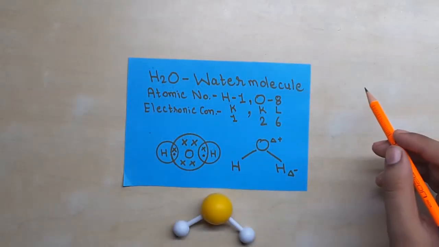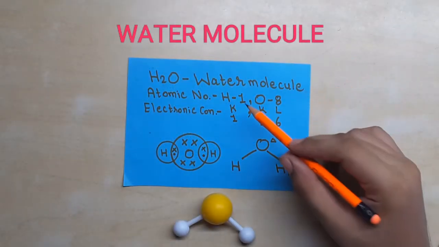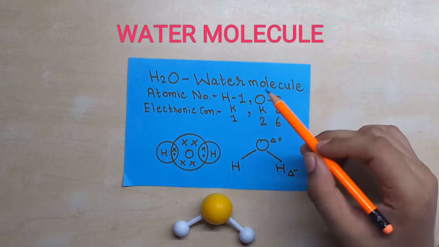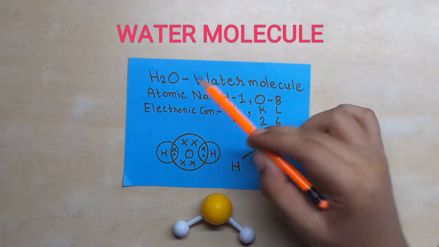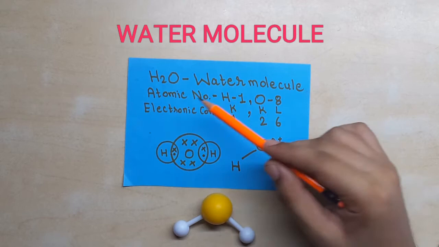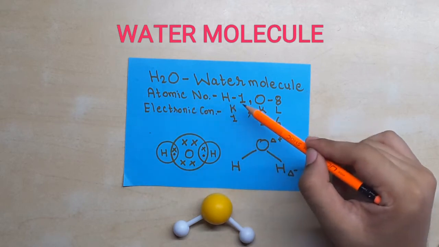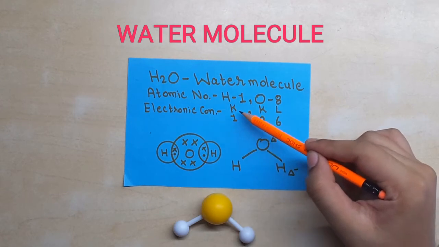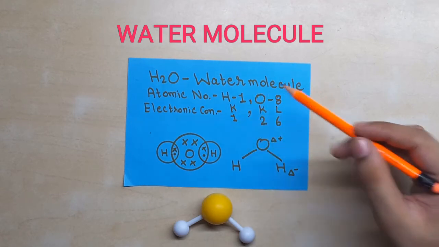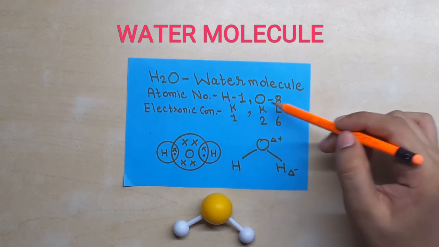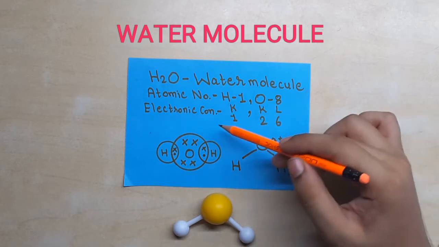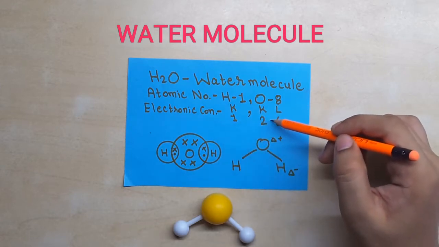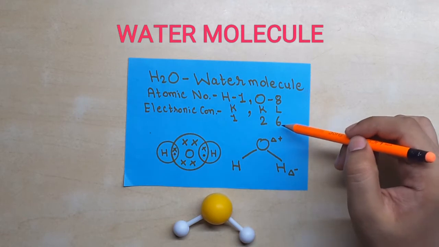Now let us see bond formation in water molecule. Molecular formula of water is H2O. Atomic number of hydrogen is 1 and its electronic configuration is 1 electron in K shell. Atomic number of oxygen is 8 and its electronic configuration is 2 electrons in K shell and 6 electrons in L shell.